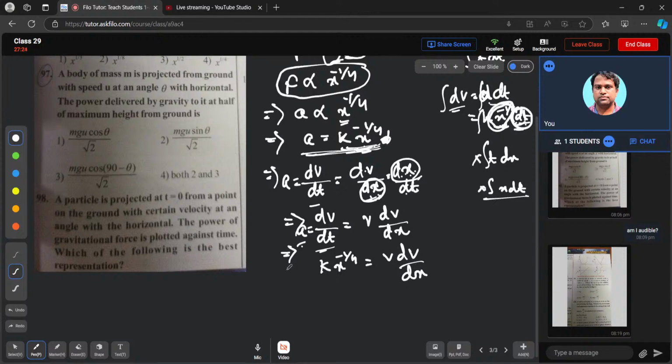Now I'll separate the variables. Separate the variables means this dx I'll bring near x, and v dv let it be. So v dv can be integrated, and here x dx can be integrated. So I'll separate them. So k x to the power minus 1 by 4 dx is v dv. Integrate.